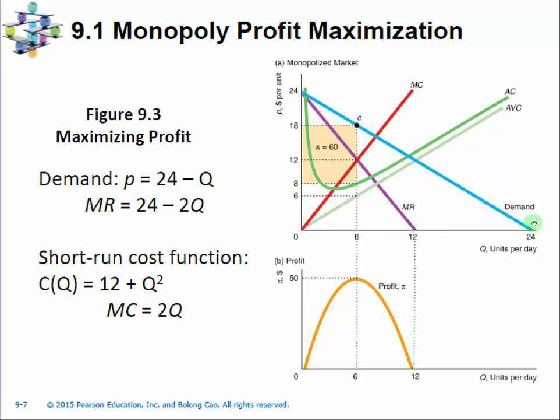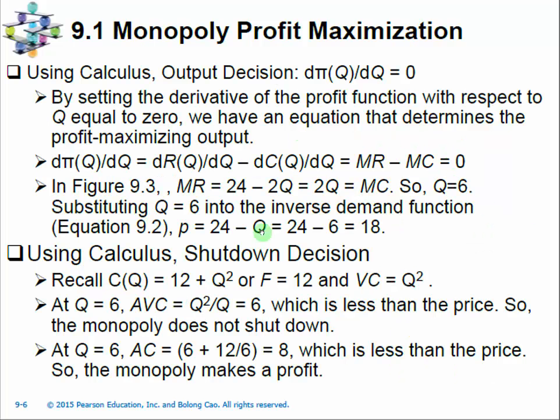Remember, because this is a single demand curve, once you determine how much quantity you would like to supply to the market, there will be a price corresponding to that quantity supplied. So when we bring Q star equals Q back to this inverse demand function, we have 24 minus 6. We have a price of 18 in the market. That is the profit maximization decision.